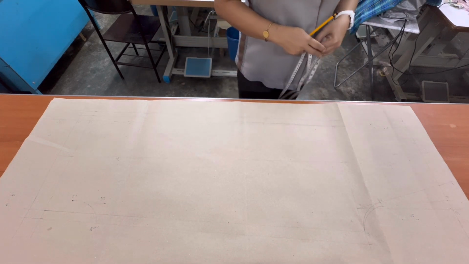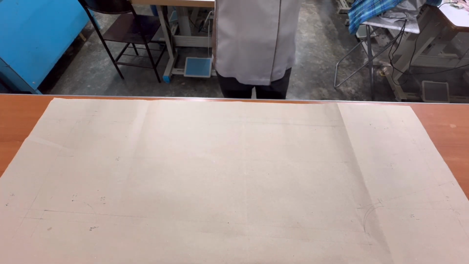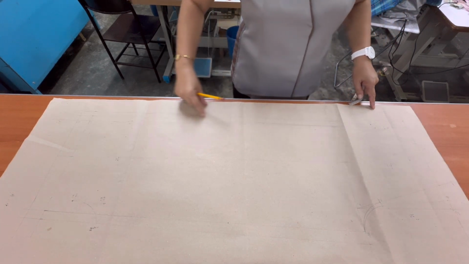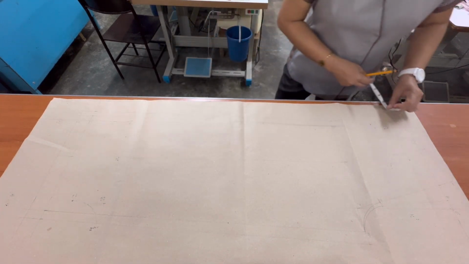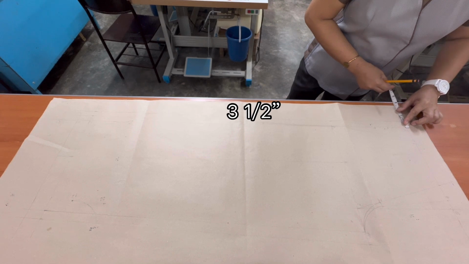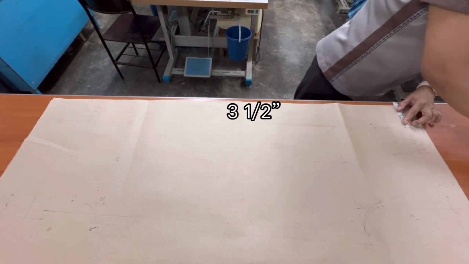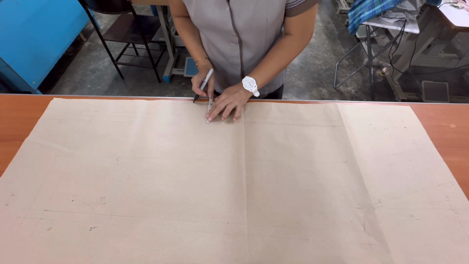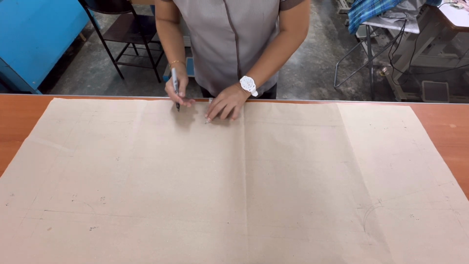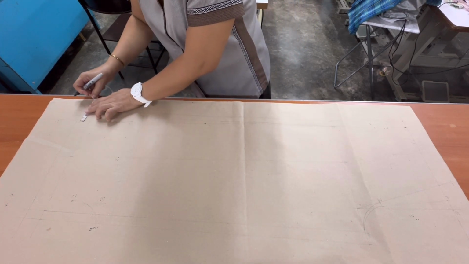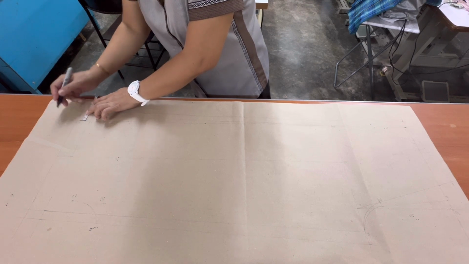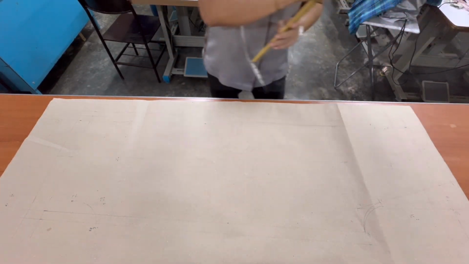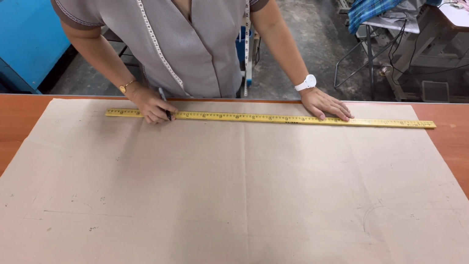To start drafting the pattern, first, let's have the allowance on this part. So allot 3.5 inches. Then draw a vertical line.